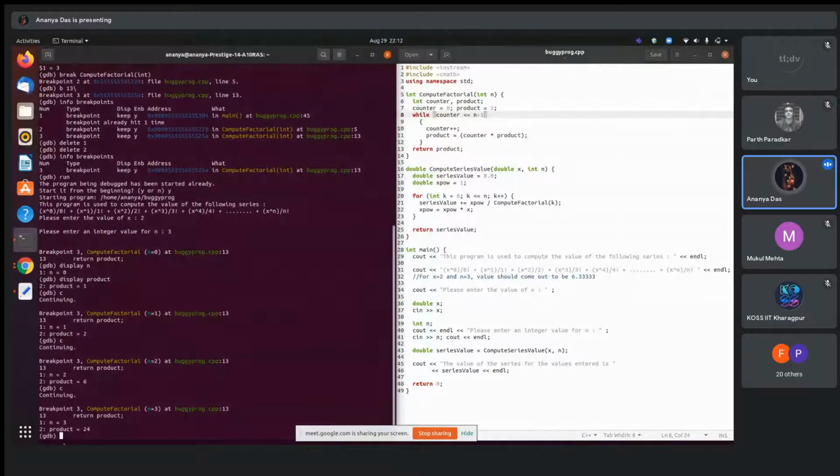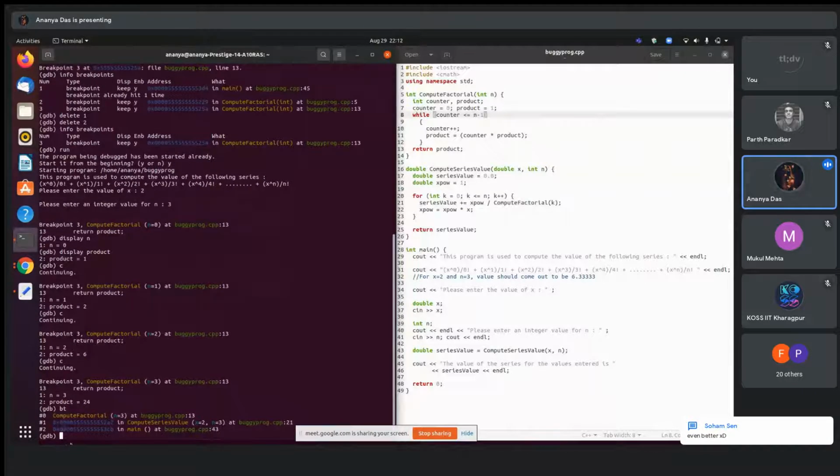Before that, I will give the command backtrace to show you what happens when functions are called iteratively. So here we can see that at the lowest level the main function is called. Then at line number 43, the compute series values function is called with the argument values x equals 2 and n equals 3.